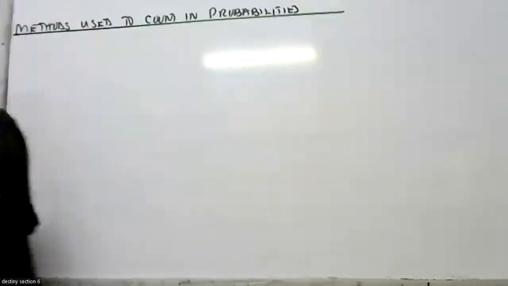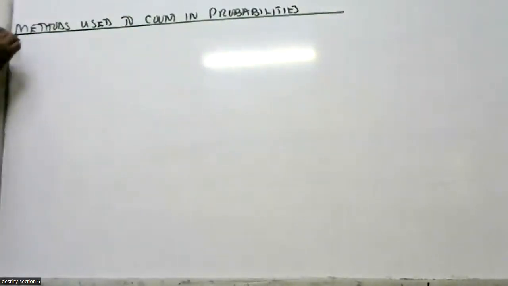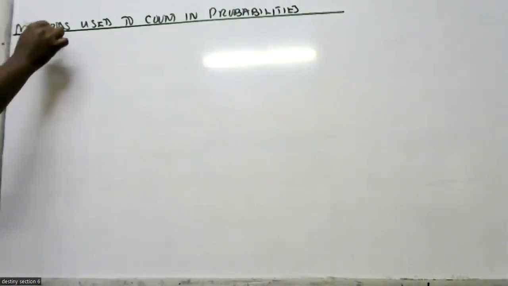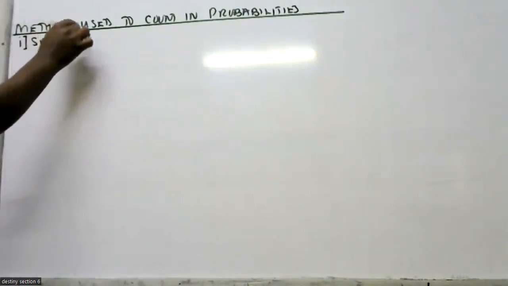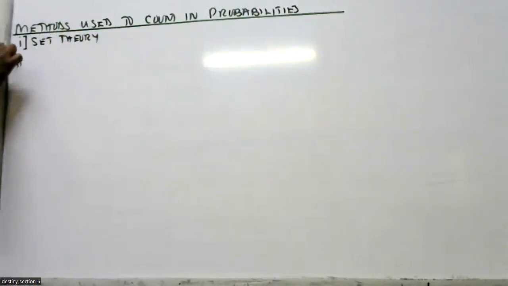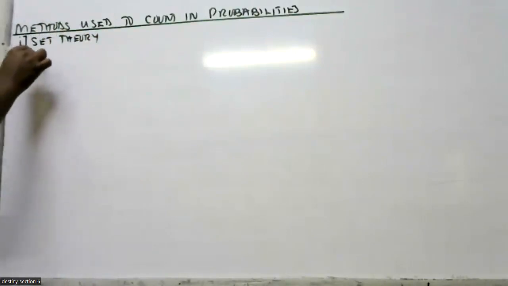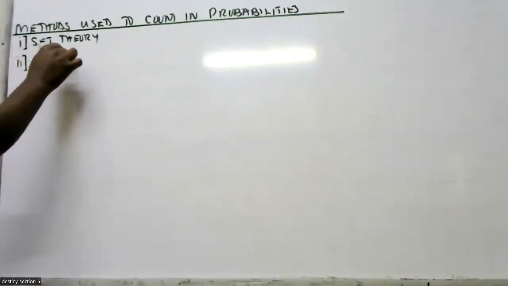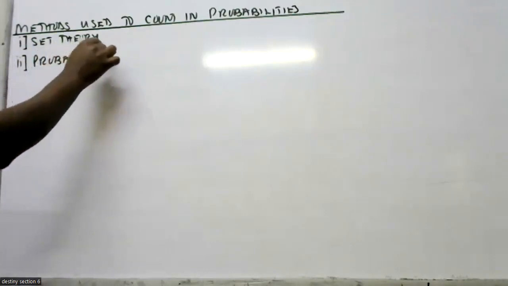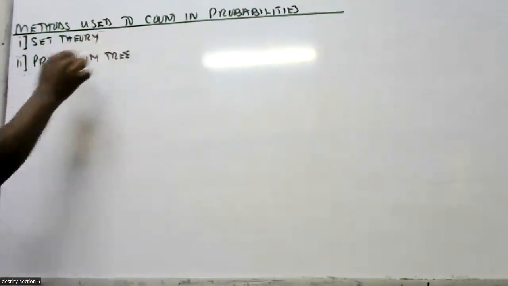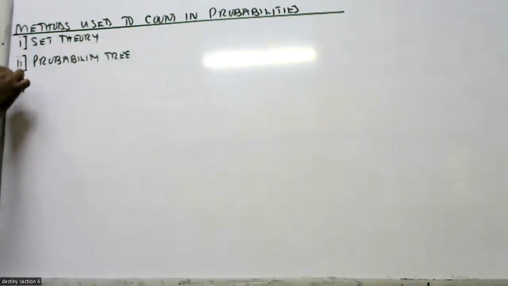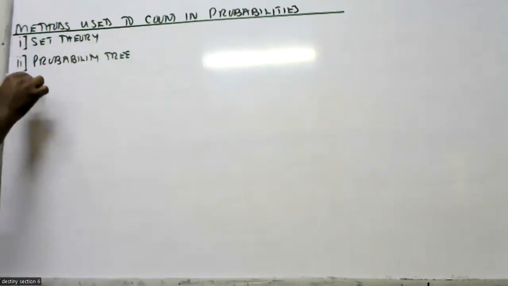So we shall list them, then we discuss each. The first one is set theory. The second one is probability tree. The third one is permutations.